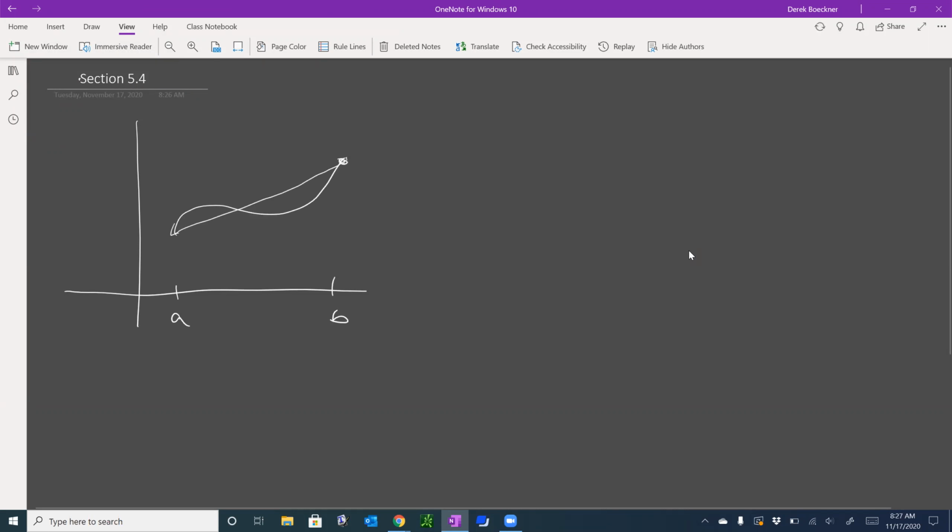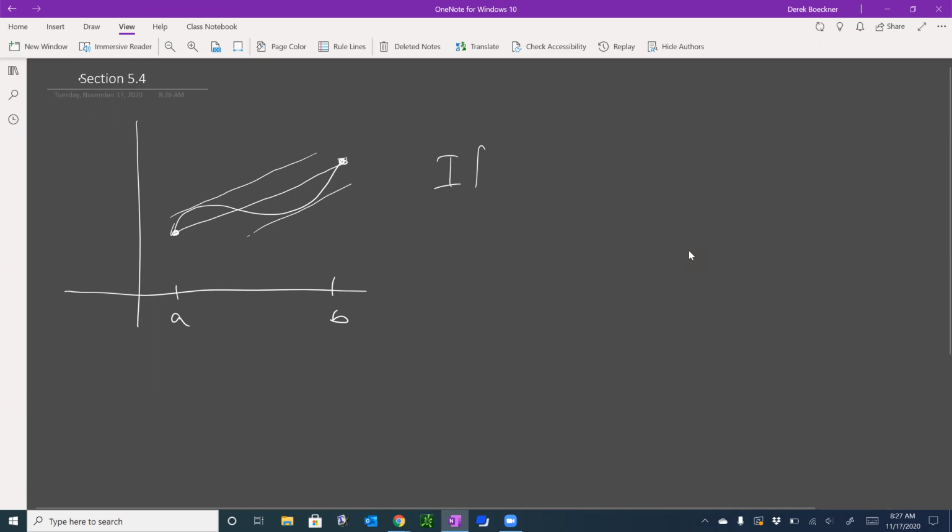Okay, so the first thing in 5.4 is the mean value theorem for integrals. So let's talk about what the mean value theorem for not integrals actually said, right? So the mean value theorem says if I have a function that starts at a and ends at b, then there's this secant line, right? And the secant line actually matches the slope at least one place on the graph, right? If the graph is continuous on the entire thing, then there is some place where the secant line for the graph matches the derivative for the graph.